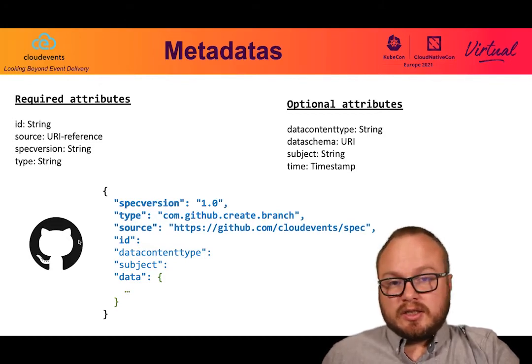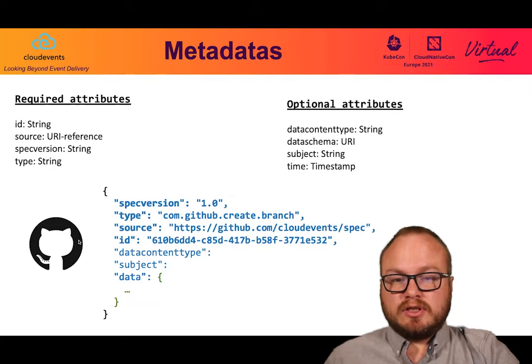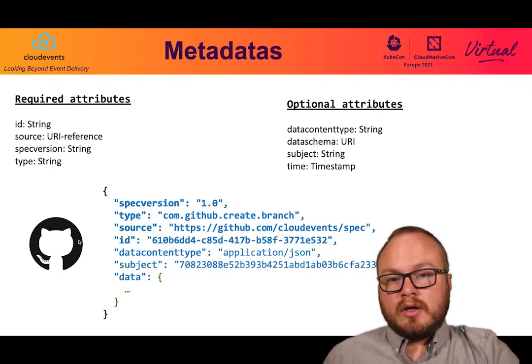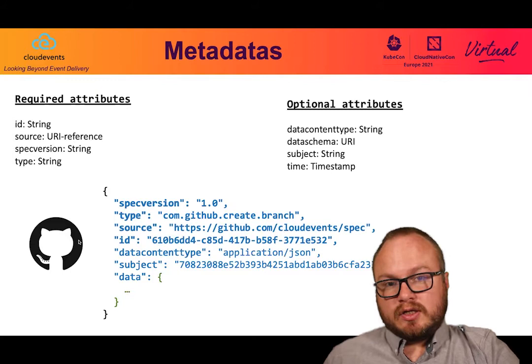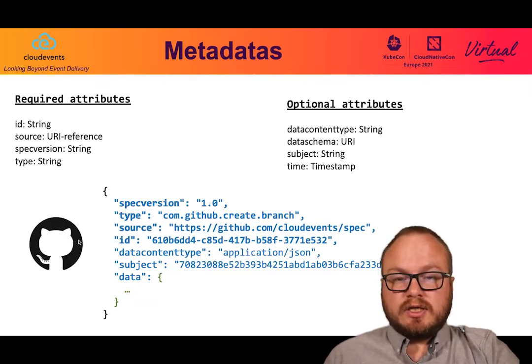The ID is a unique ID generated by GitHub. In this case, it's just a normal UUID. And the data content type will be application/json. The subject is the commit reference. And finally, in data, you will find all the attributes that you would find in any GitHub event.